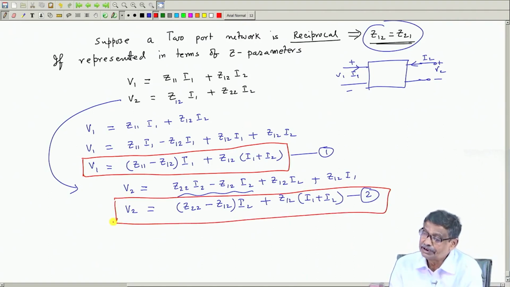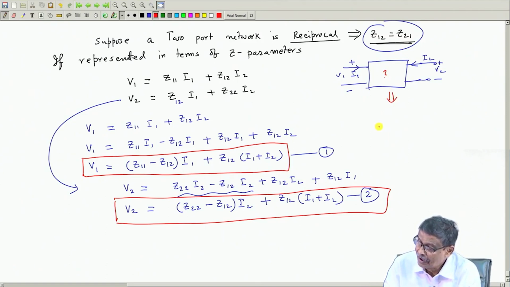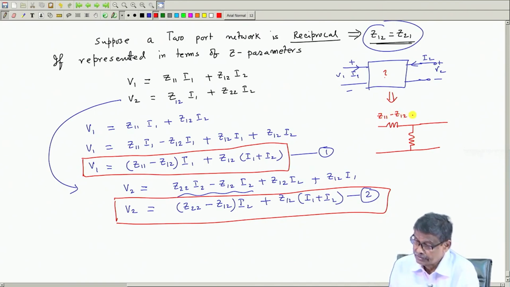Looking at this equation, I will say that inside this network, I can presume that the network is a T connected network, with impedances Z11 minus Z12, Z22 minus Z12 and here Z12.